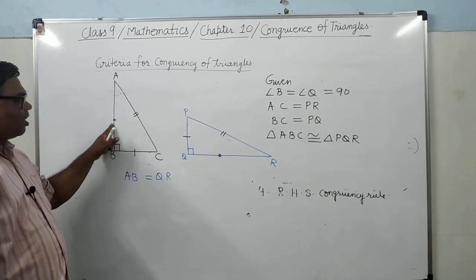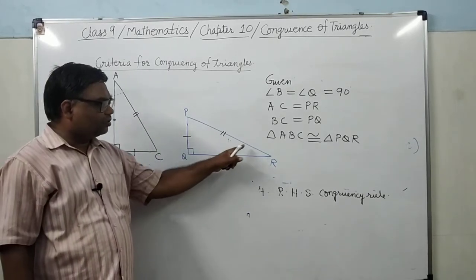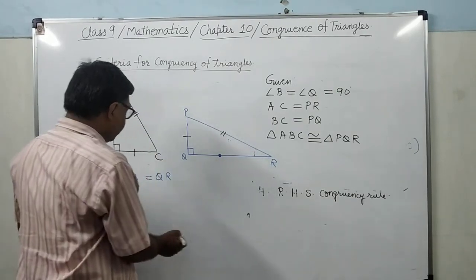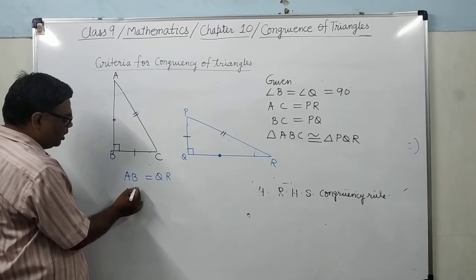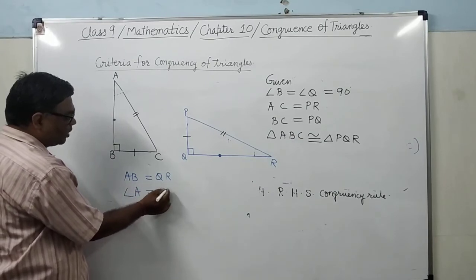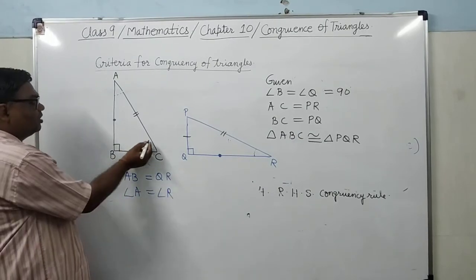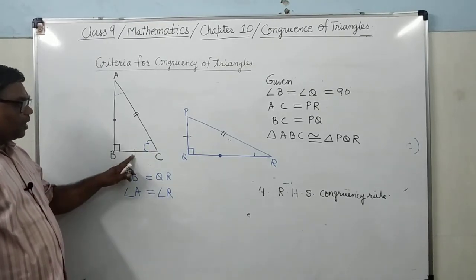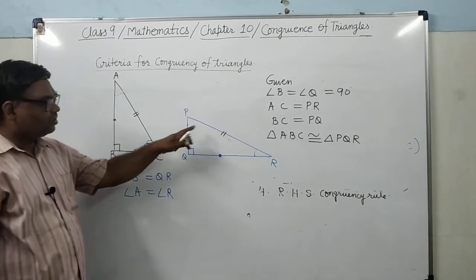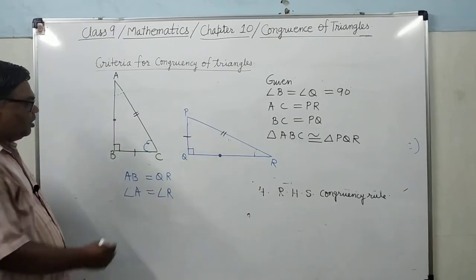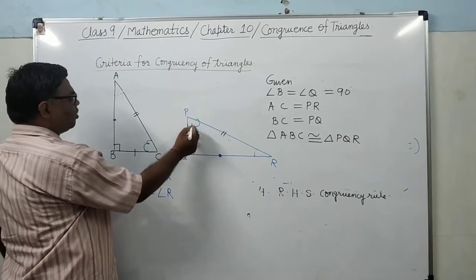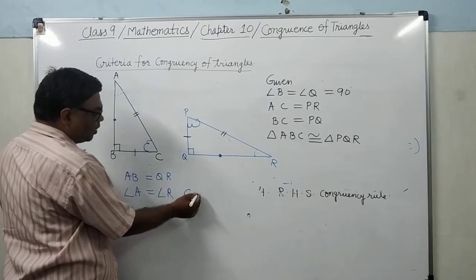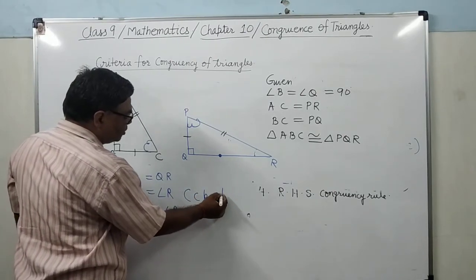Double line and dot, so this angle is forming. So it will be equal to angle R, means angle A equals angle R. Then you can see here this angle, angle C. It is included by first and second, here including angle P. So angle C equals angle P by CPCTC.